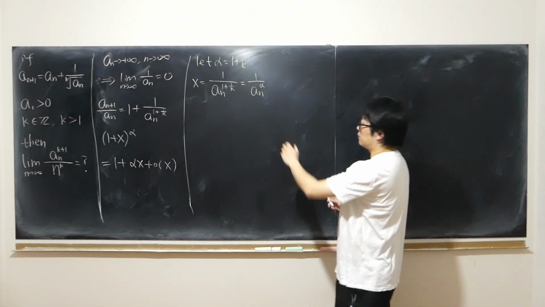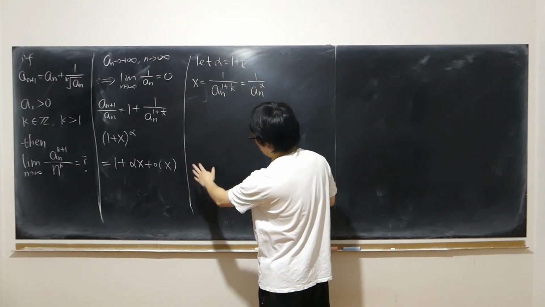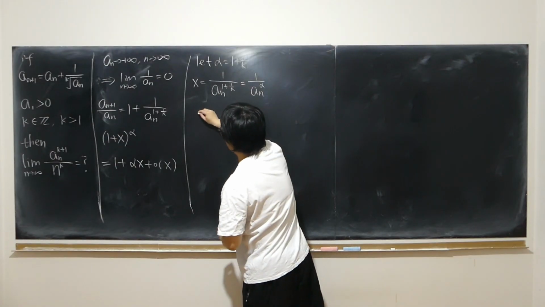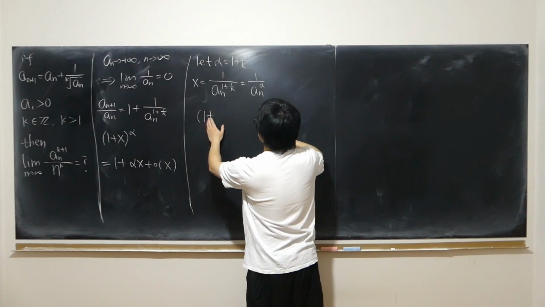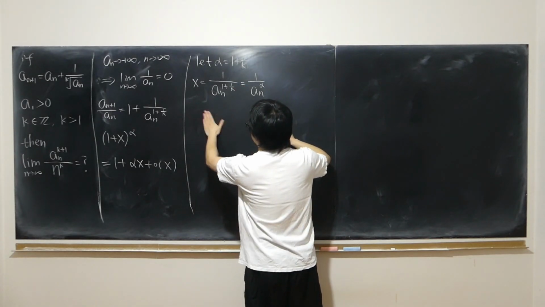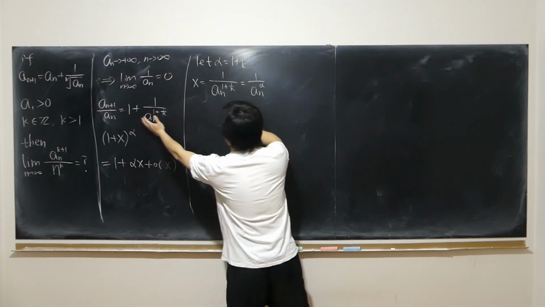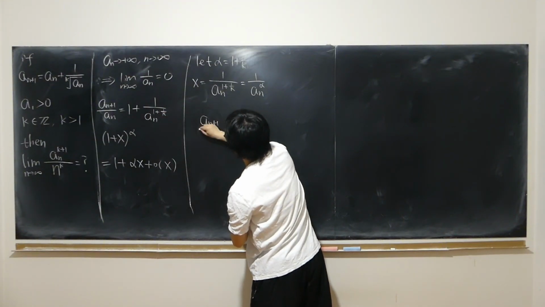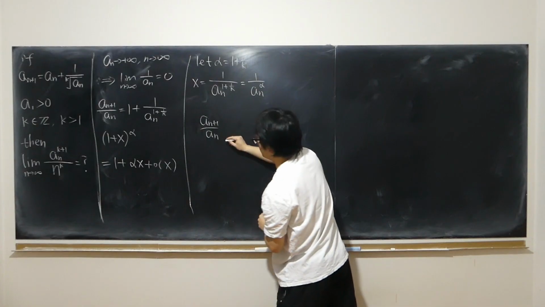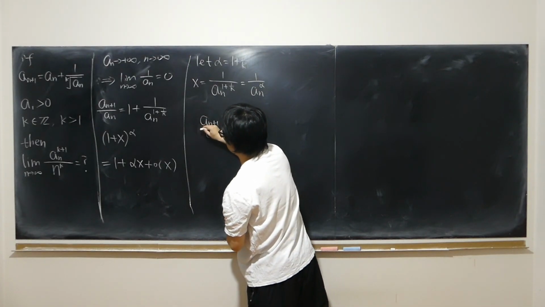Right, so apply this Taylor expansion with Peano remainder. So we have 1 plus x, that is a_{n+1} over a_n, to the alpha.